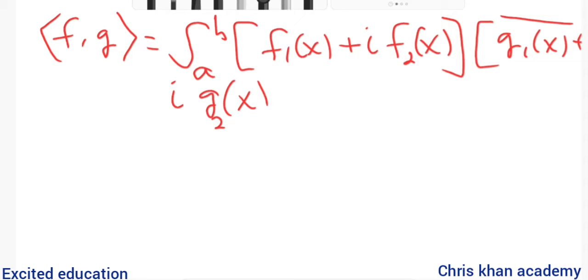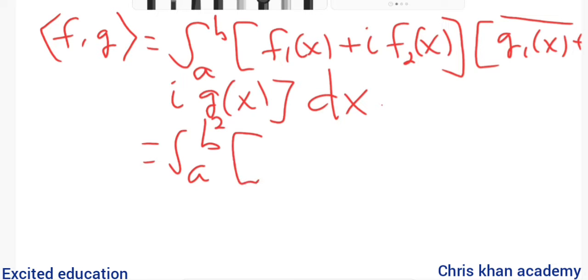You have to conjugate that part. This is the inner product of the complex functions with a given fixed interval A and B.